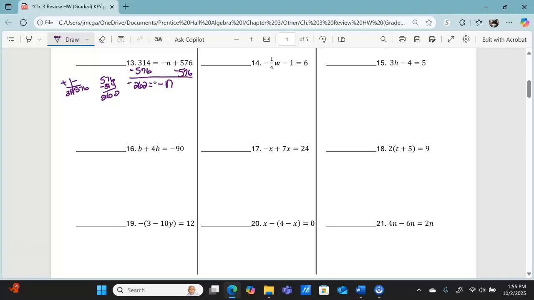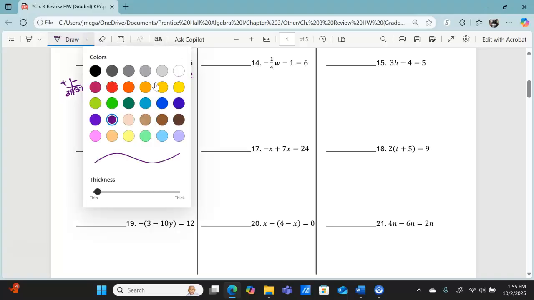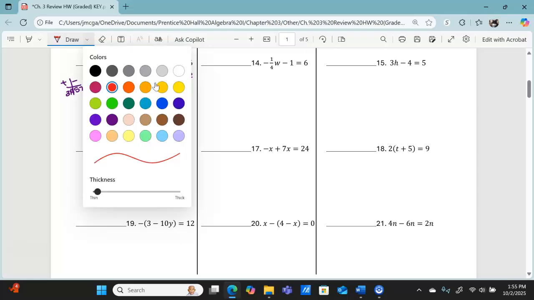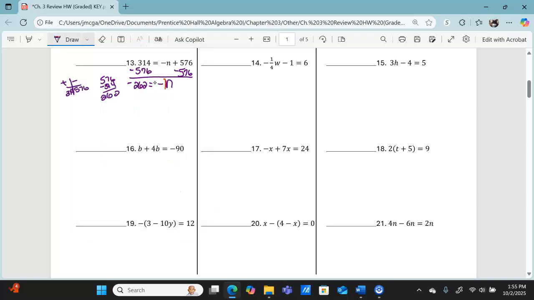Well, that negative in there is a negative 1 in front of it. There's a 1 sitting there, so we can divide both sides by negative 1, and we get n, that was messy, n equals 262.